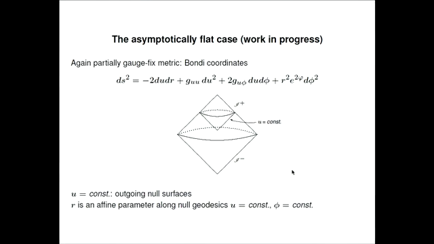OK, so that was a summary of work that's a few years old. For the past few months, I have been looking at the application to asymptotically flat rather than asymptotically anti-de Sitter space. So let me say a couple of words about the reason for this.